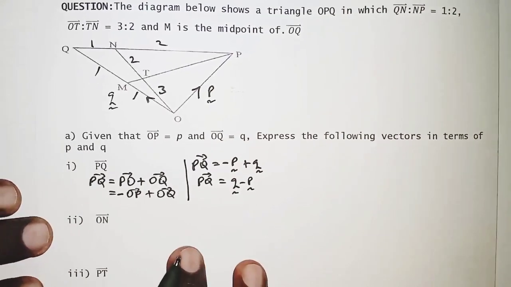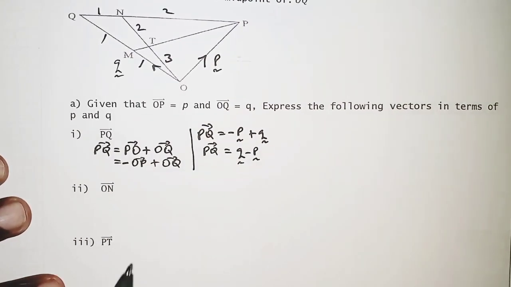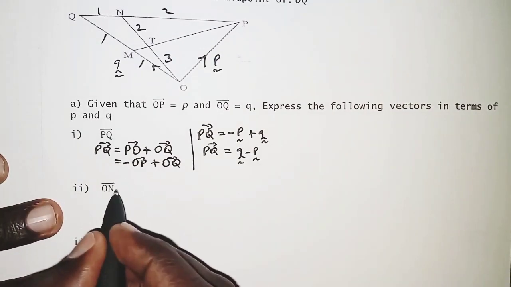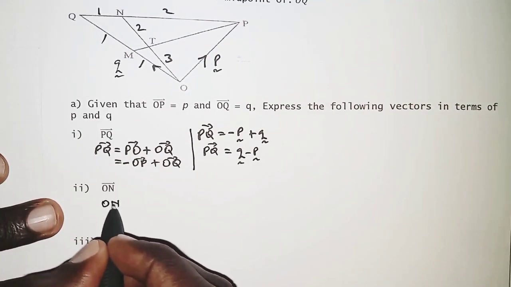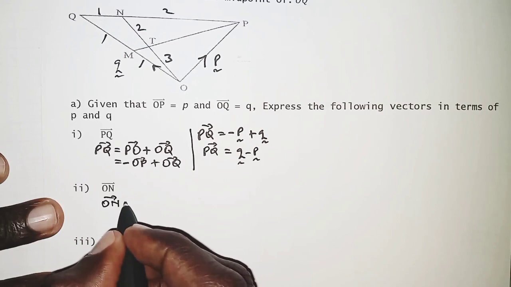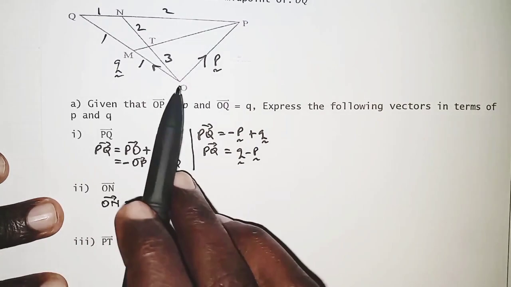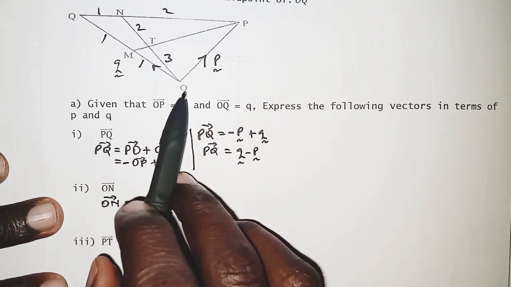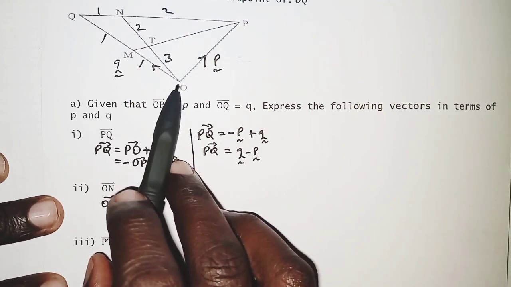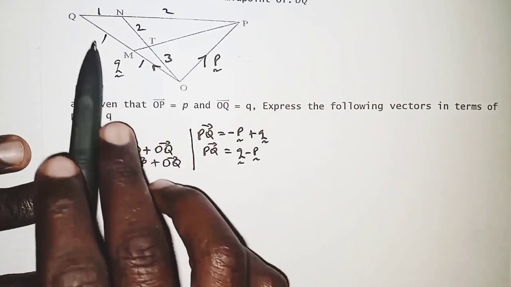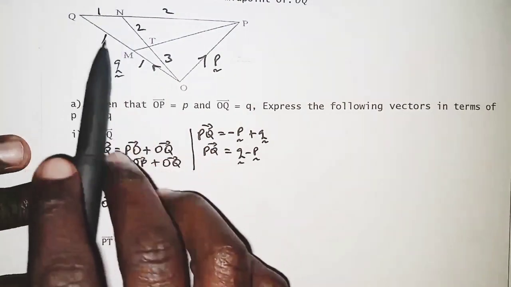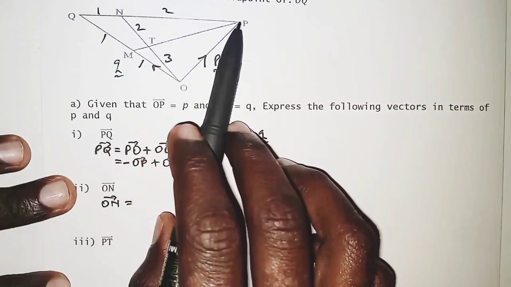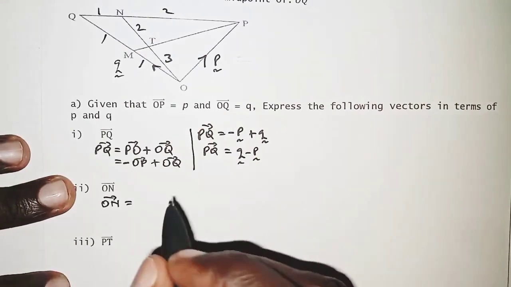Okay, so for the second part, Roman 2, we are to get ON, and in order to get ON, you're simply going to have to move as follows. So you can move from O to Q, then Q to N, or OP, then PN.